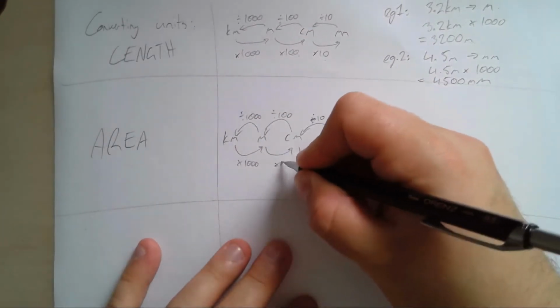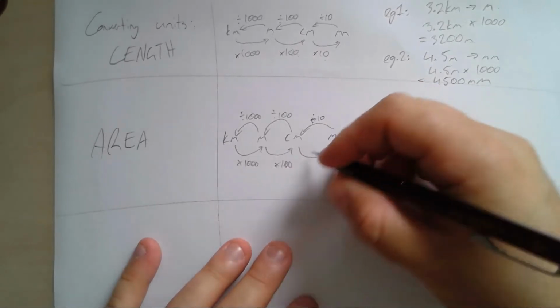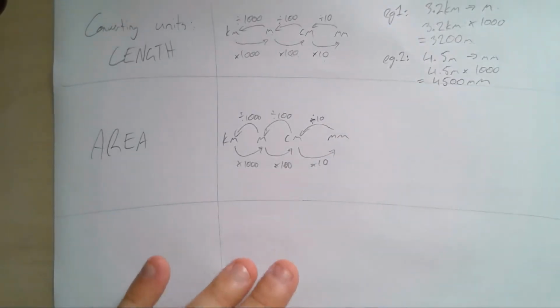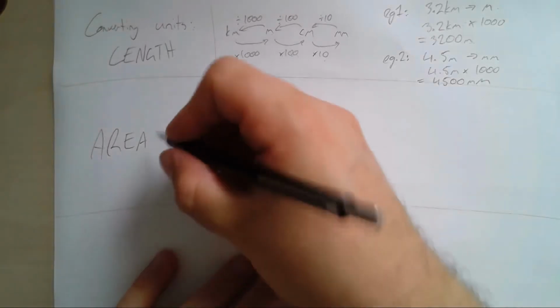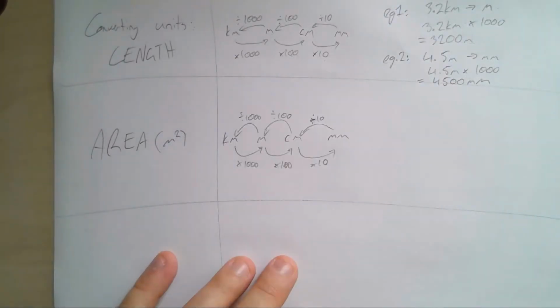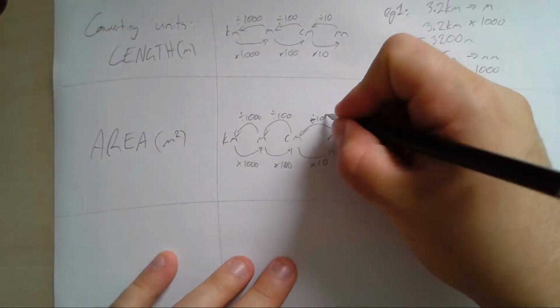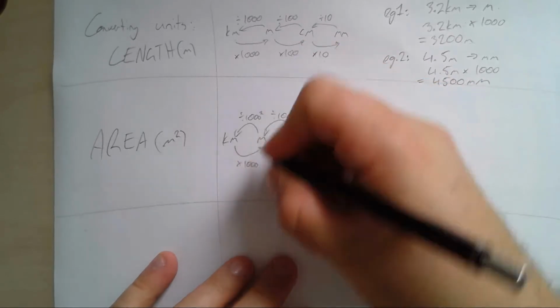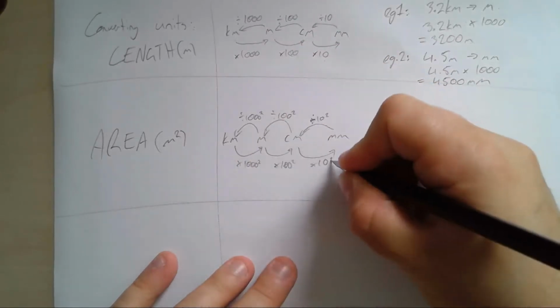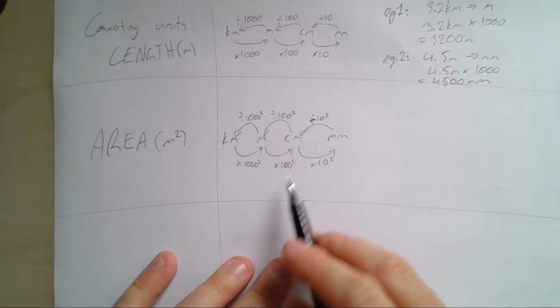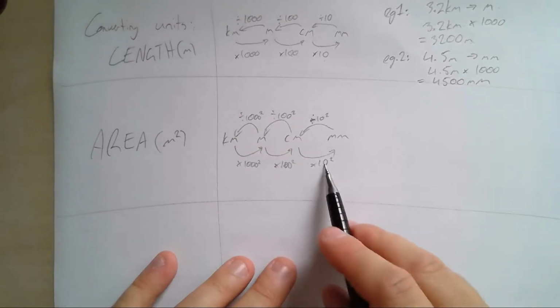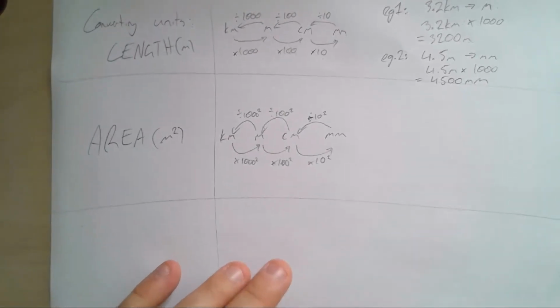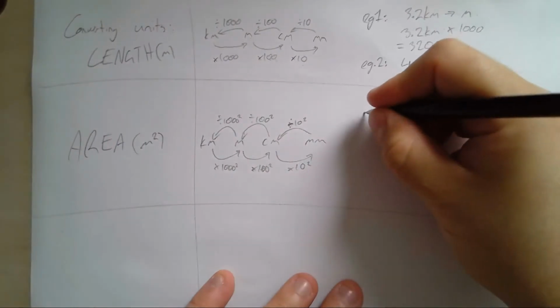It's all the same except for one little thing, and that is that because it's area, it's measured in square meters rather than length, which is in meters. Okay, and a square just means we have to put these on. Okay, so if I wanted to go from centimeters to millimeters, I'm going to times it by 10 squared. Easy. Let's try an example.